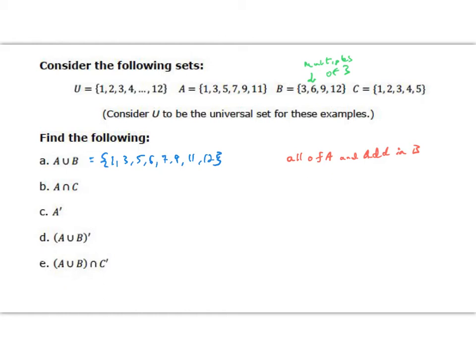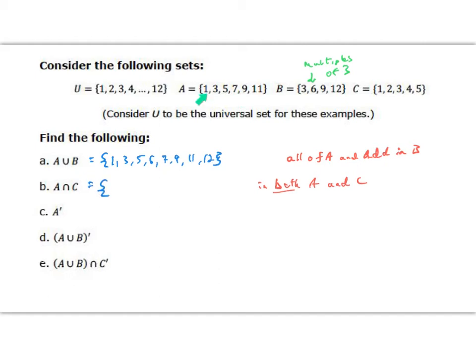Okay. All right. Now, what I'm looking for in the next one is the intersection of A and C. So we might have to remember that they have to be in both A and C. So if I'm trying to find the intersection between A and C, I want the numbers that are in both sets.